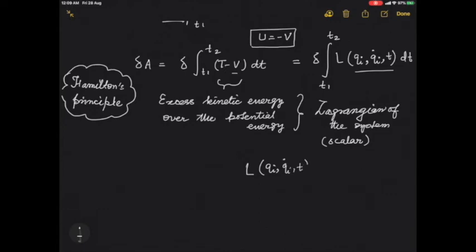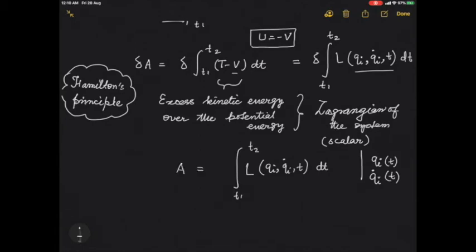So L is a scalar function of qi, qi dot and t in general. Now qi is the position of the particle at a given time. At different times it will have different values, so it's actually a function of t. So is qi dot. So these are functions of time. That's why you have the integral over time.